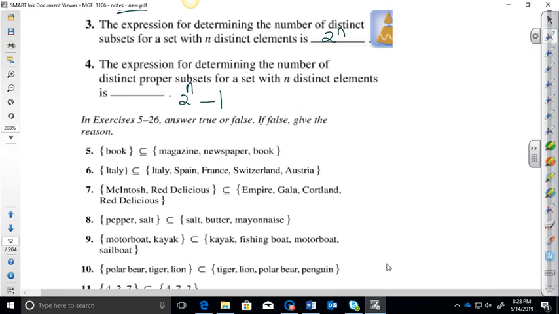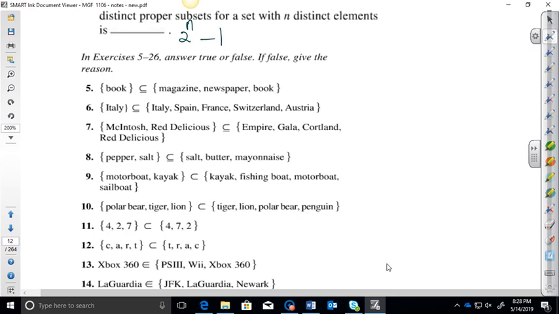Say true or false. Set book is a subset of set with the magazine, newspaper, and book. That is true. Set Italy is a subset of that. True. Set Macintosh, Red Delicious. False.